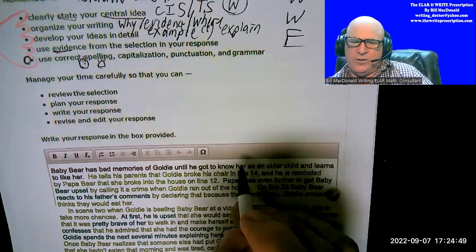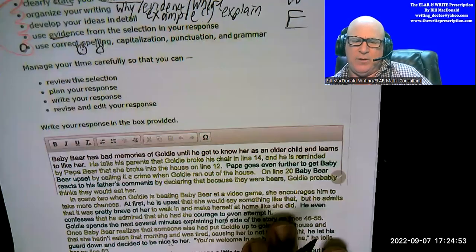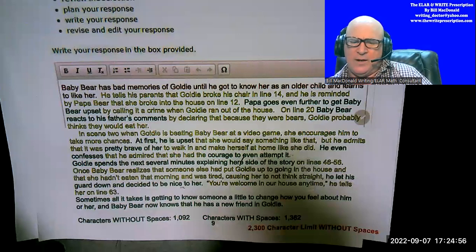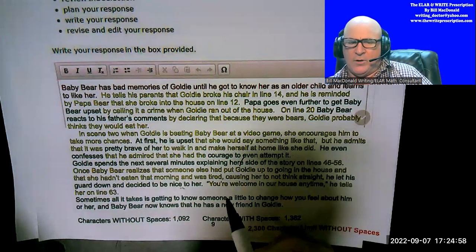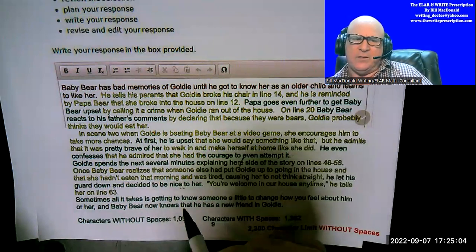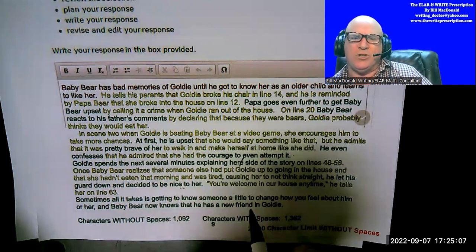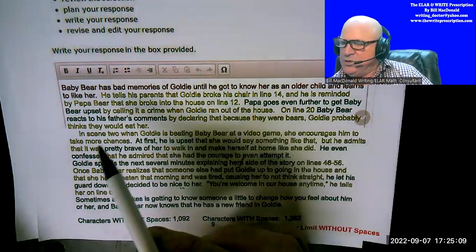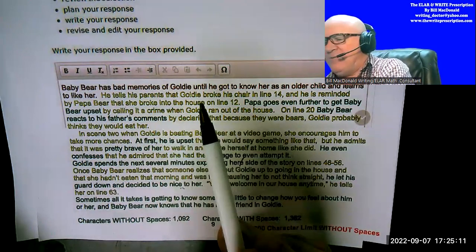At the end, I'm going to tie back in something that I mentioned at the beginning: as long as you get to know somebody a little to change how you feel about him or her. And Baby Bear now knows that he has a new friend in Goldie. So in scene 1 and before scene 1, she was an enemy, and in scene 2, she is a friend.